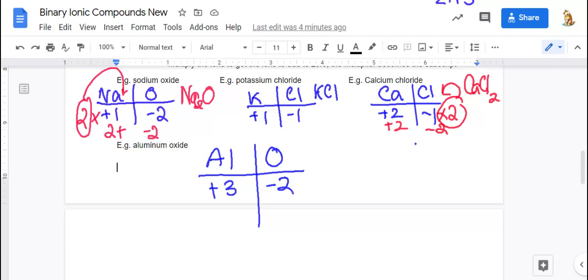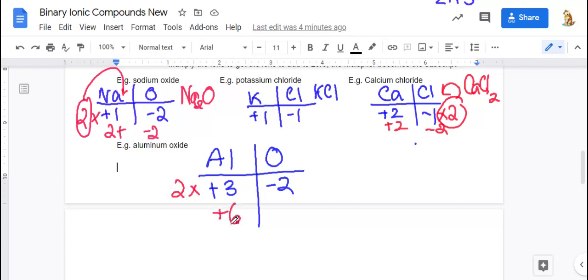So if you can't multiply one of them by a whole number to get the other charge, multiply the two numbers together. So if I multiply 3 and 2, I get 6. So to get aluminum to plus 6, I have to multiply by 2.